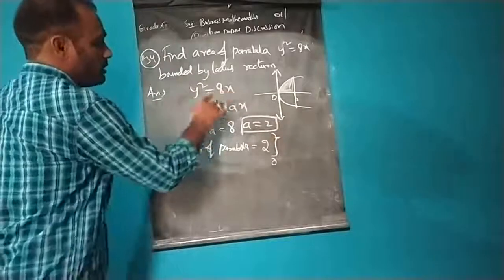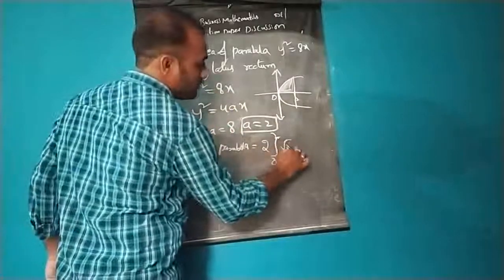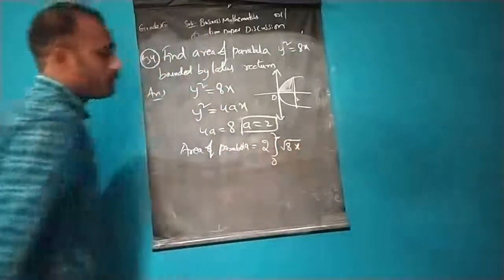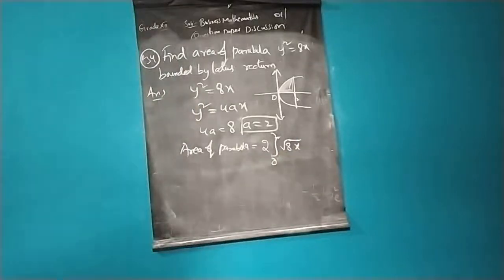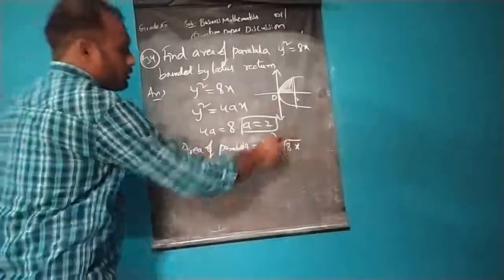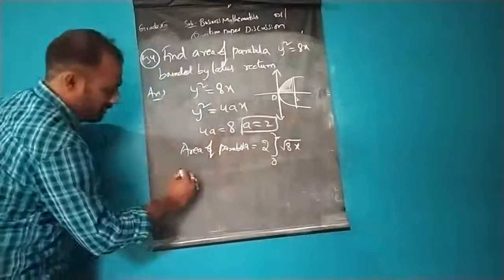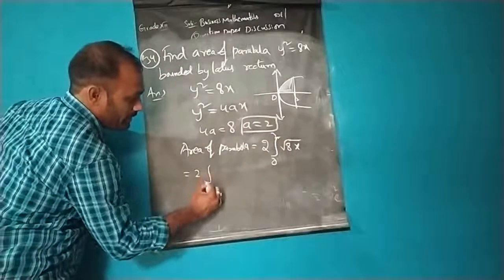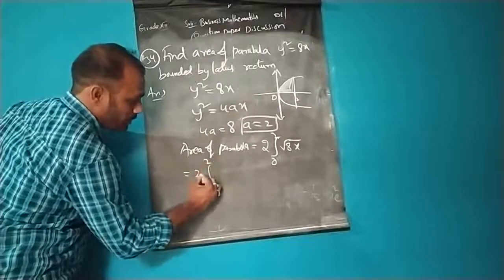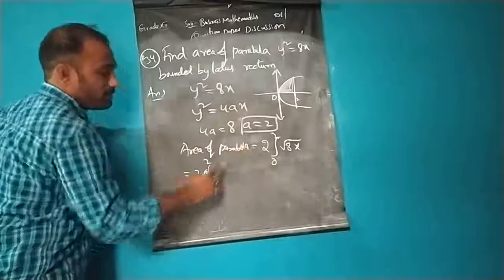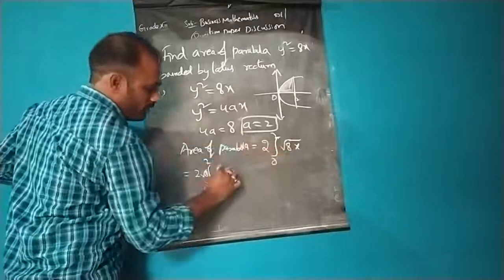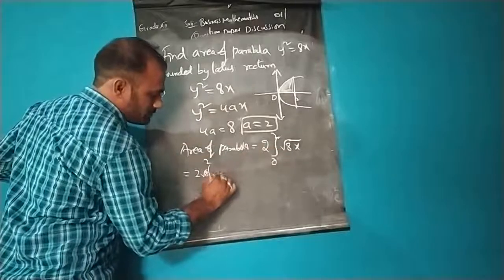So to get the y value, it will be root 8x, root of 8 into x. So 2 into integral 0 to 2, root 8 we can take outside, so integral of root x dx.